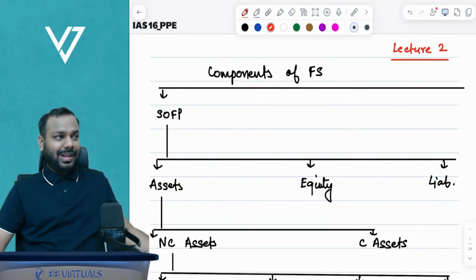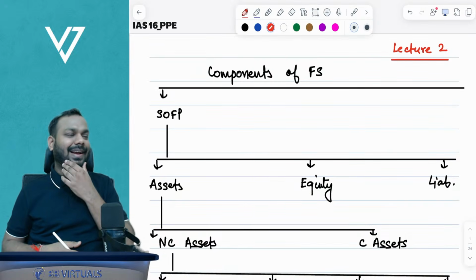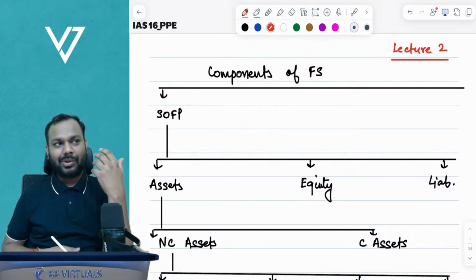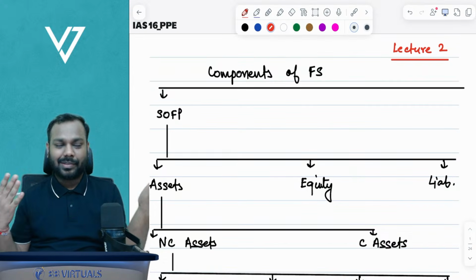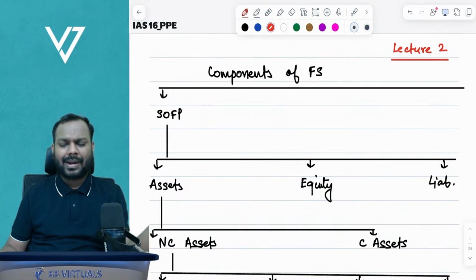Okay. So in the last class, I'll just give you a recap of what exactly we have studied so far. In the first lecture, we discussed the orientation of ACCA SBR: what exactly is SBR, the paper pattern, the syllabus and everything.